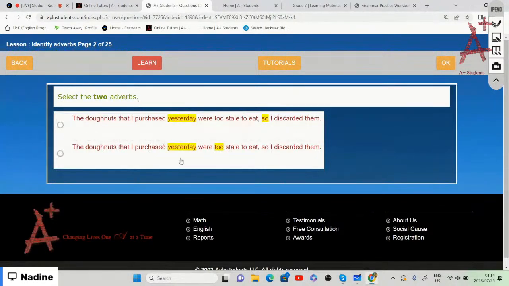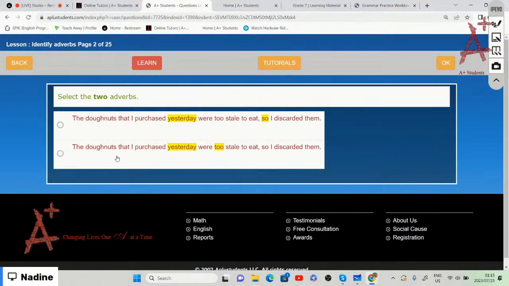We need to choose two. The two are already highlighted, and we just need to choose the best option. The first option is: the donuts that I purchased yesterday were too stale to eat, so I discarded them. Or: the donuts that I purchased yesterday were too stale to eat, so I discarded them yesterday.